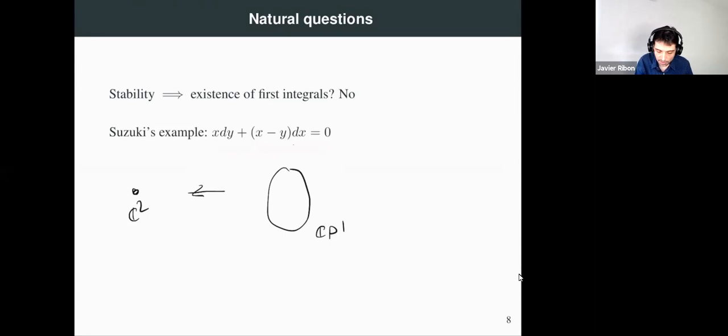And what happens is that one of the leaves is going to be tangent to this CP1, and the other ones are going to be transverse. We are going to have something like this. And the properties of the foliation in the neighborhood of this point somehow forbid this foliation from having a meromorphic first integral.